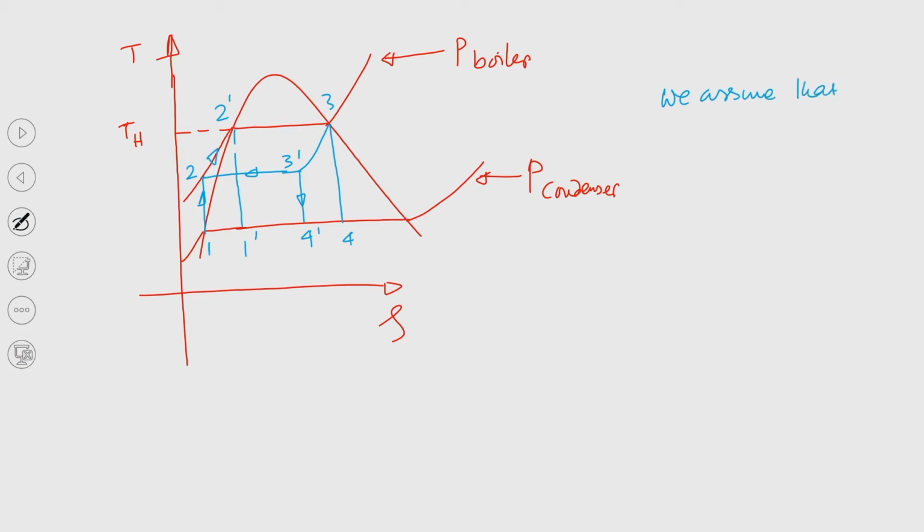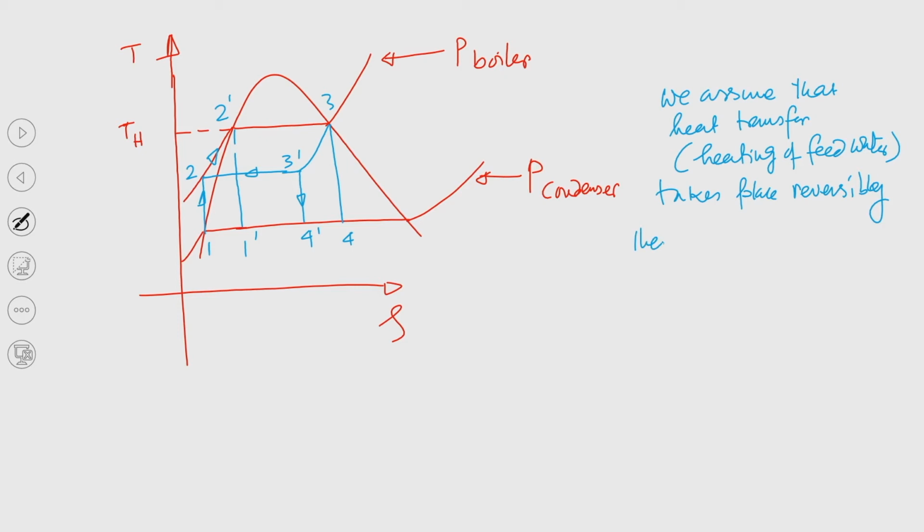So, now if that is the case, we can write, so we write that we assume that heat transfer, so this is I am writing heating of feed water takes place reversibly.